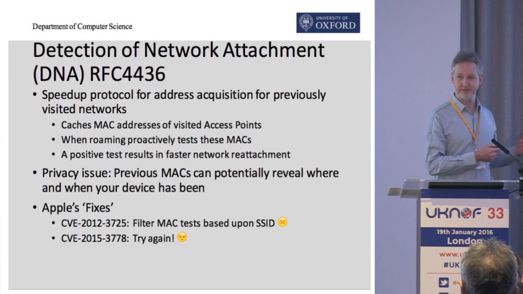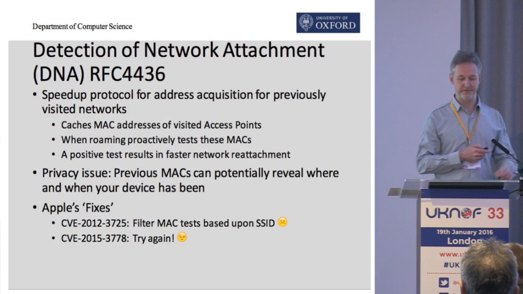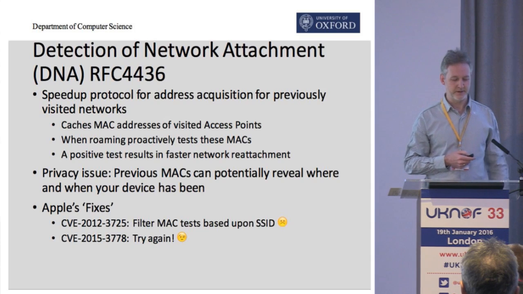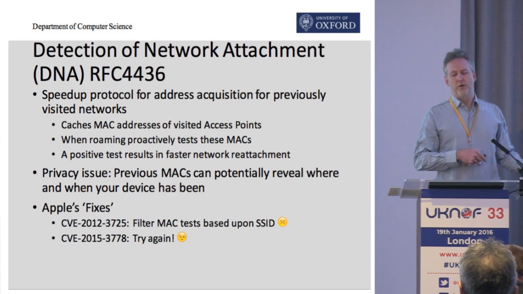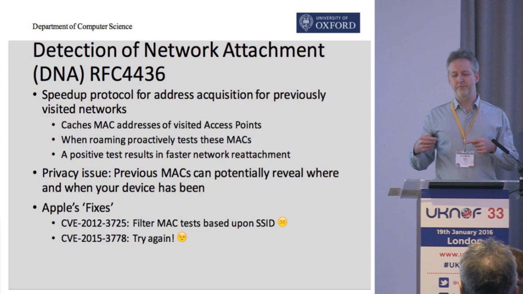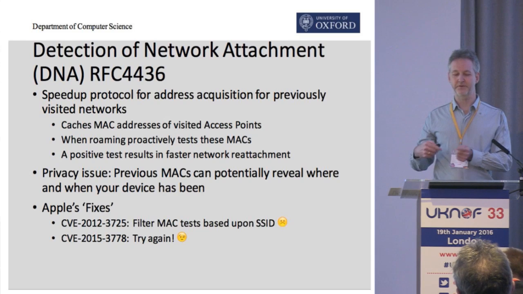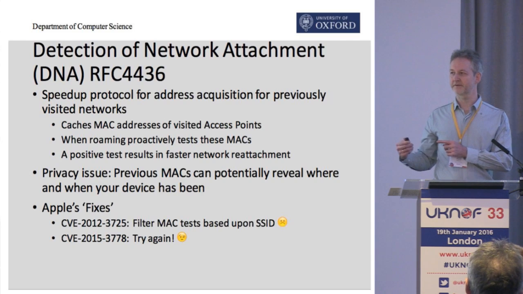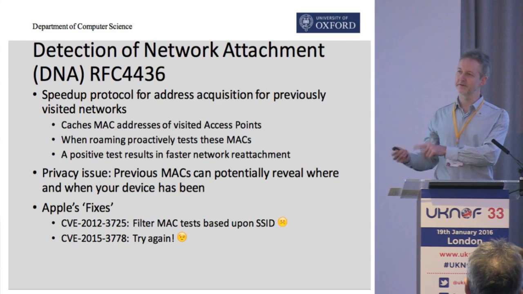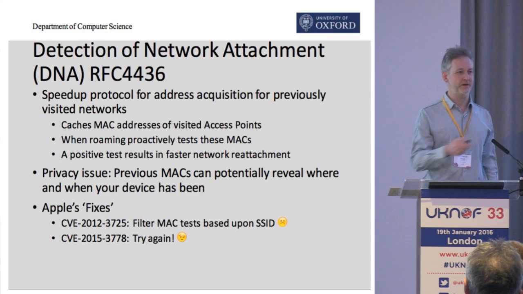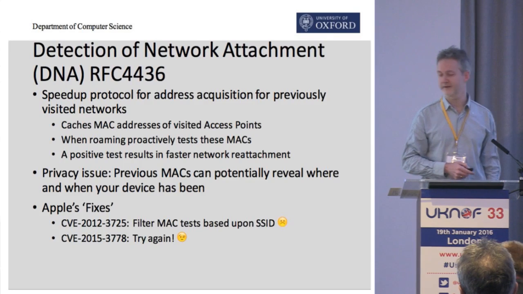Essentially it caches the MAC addresses of APs that it's attached to, and when you're roaming to other Wi-Fi APs, it proactively tests these MACs to see whether they're there, and if they are, it says, "Aha, I'm on that network, and I'll attach a bit more quickly."